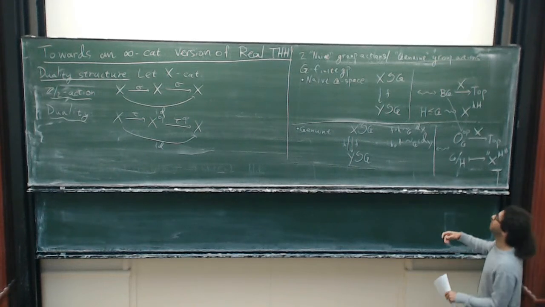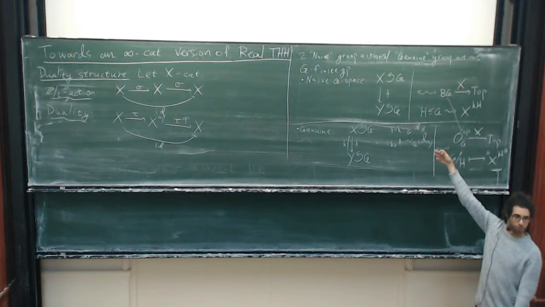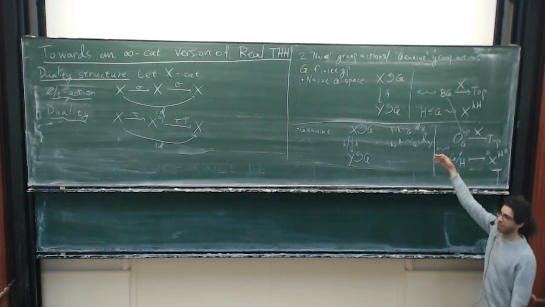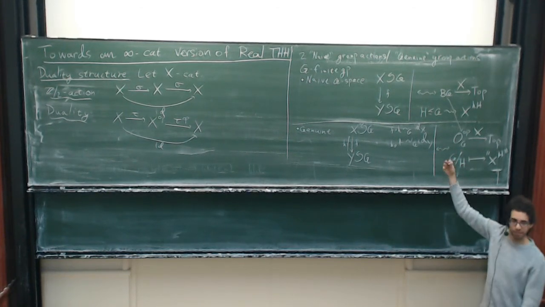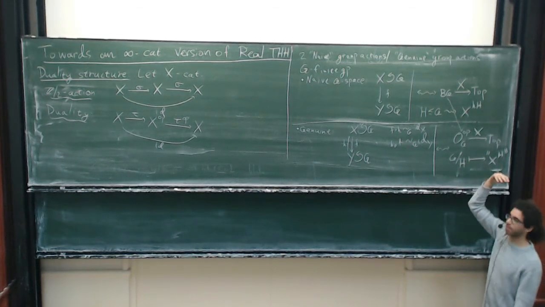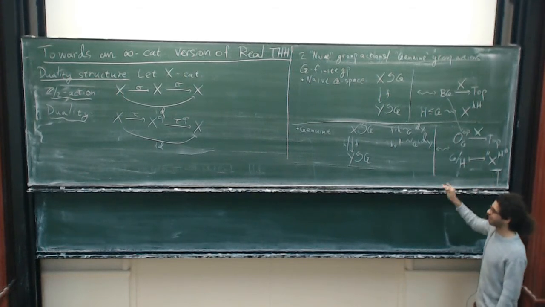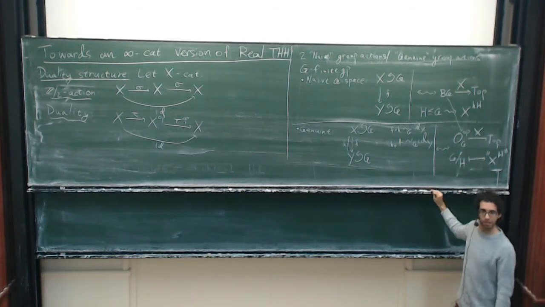Great. I said all this about spaces because it's easier to understand in the context of spaces, but this works in a lot of contexts. You can speak about a naive G category or a genuine G category. You can speak about a naive G spectrum or a genuine G spectrum. It becomes a little more complicated.